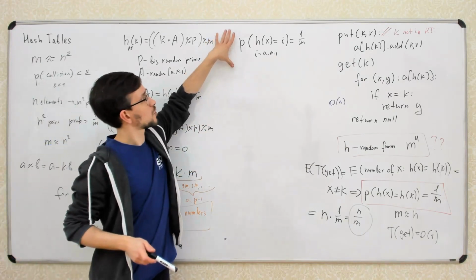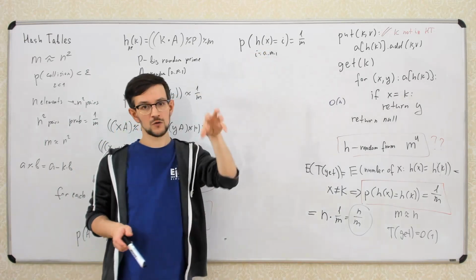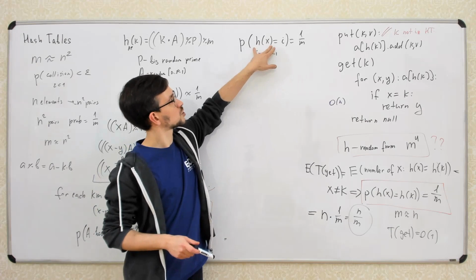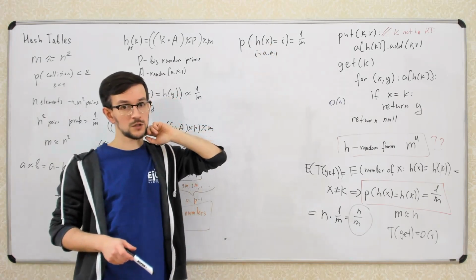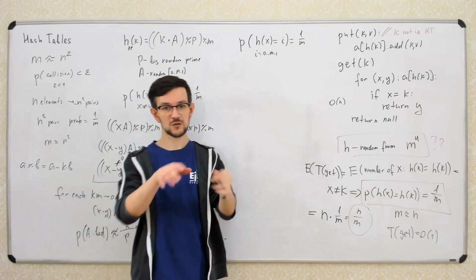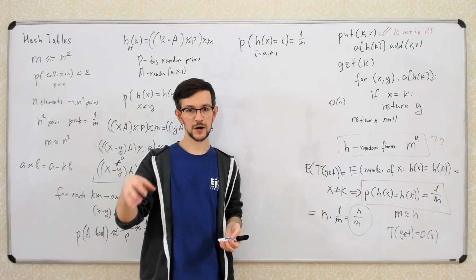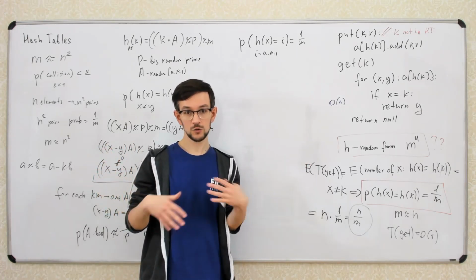It says that if you take one key, the probability that you put it in each bucket of your hash table is equal. Looks natural, right?